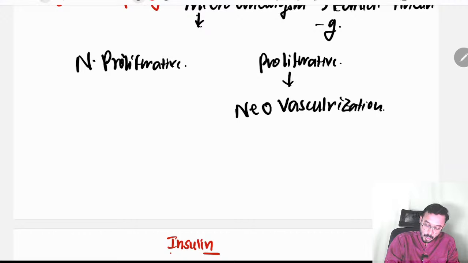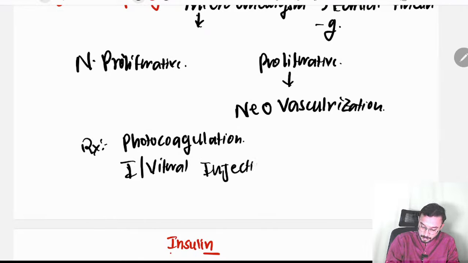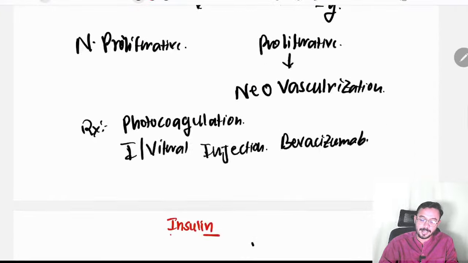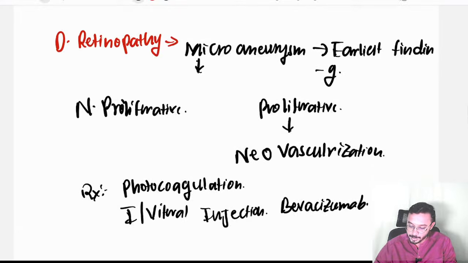You treat this condition through photocoagulation, or I can give intravitreal injections also, such as bevacizumab. I have discussed this in my ophthal sessions also. You should know the earliest finding and neovascularization, the formation of new blood vessels. This is about diabetic retinopathy.